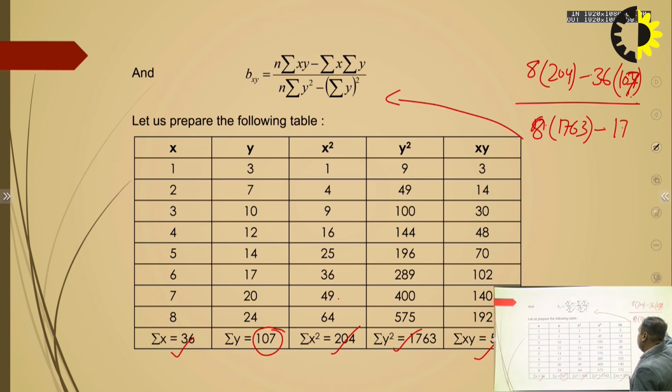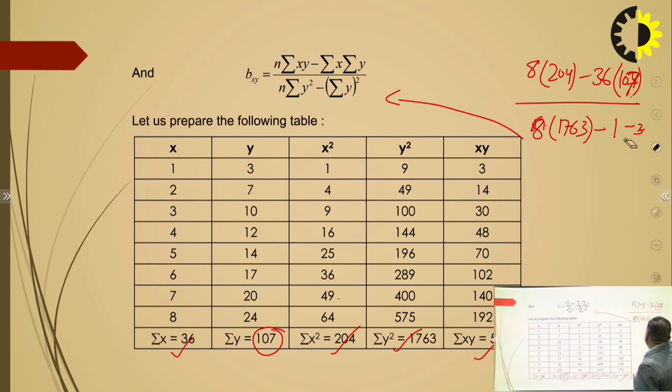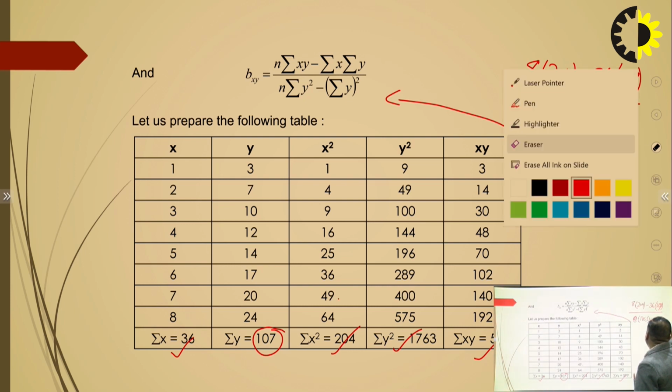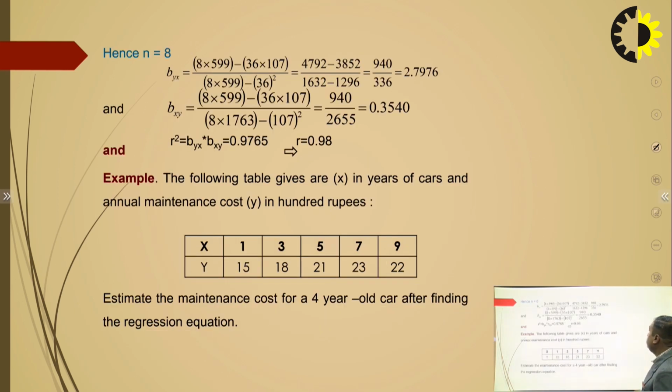Sorry, summation x whole square means 36 whole square. Calculating the value, it becomes 2.79.